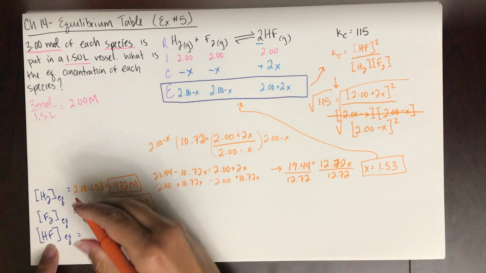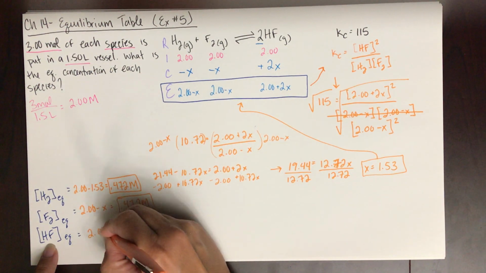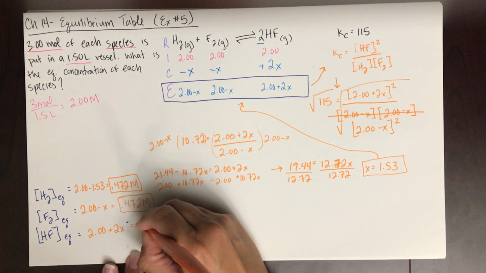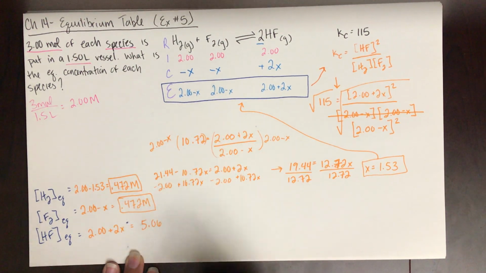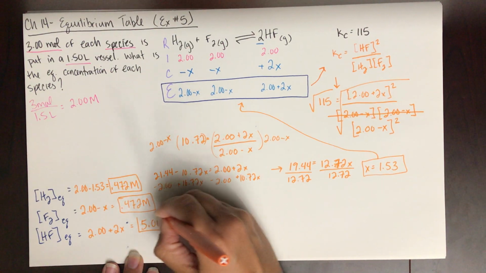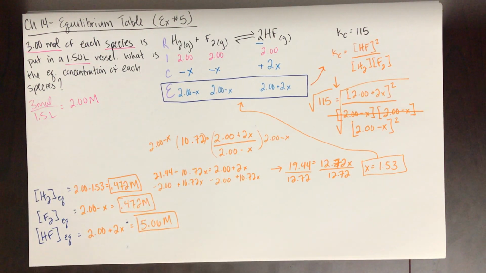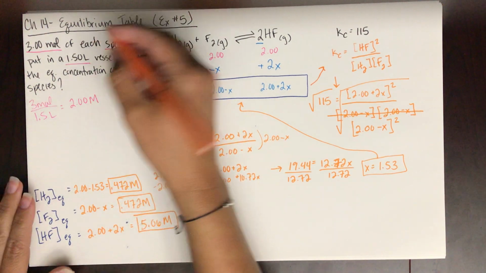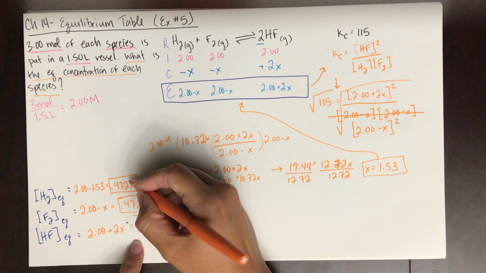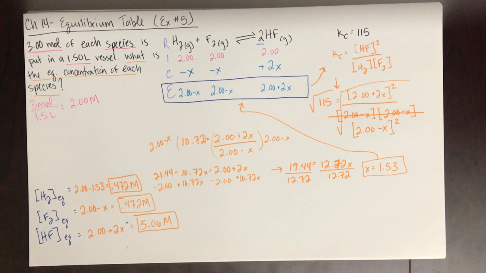And then hydrogen fluoride, 2.00 plus 2x is going to be 5.06 molar. The question said, what is the equilibrium concentration of each species? Here are the equilibrium concentrations of each species.